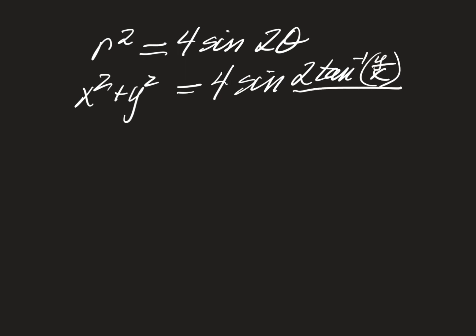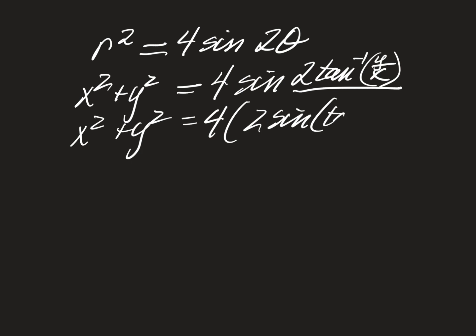Now again, that's a double angle. So sine of a double angle, we want to rewrite that. So x squared plus y squared equals 4 times 2 sine of the angle, inverse tangent of y over x, times the cosine of the angle, inverse tangent of y over x.